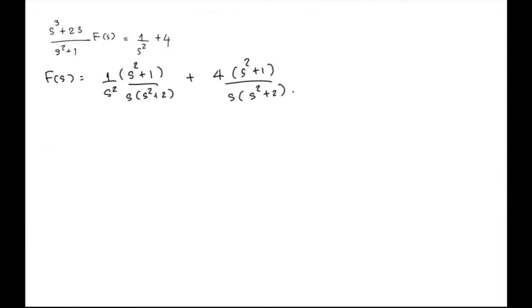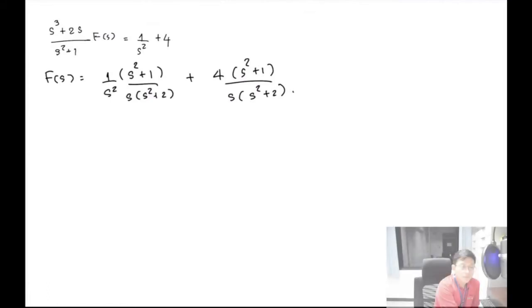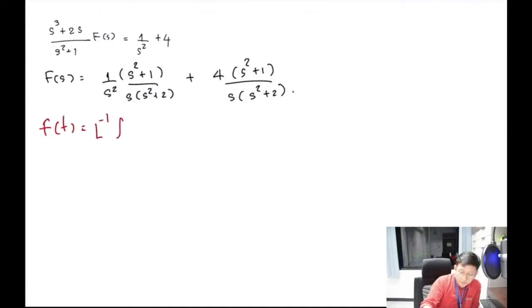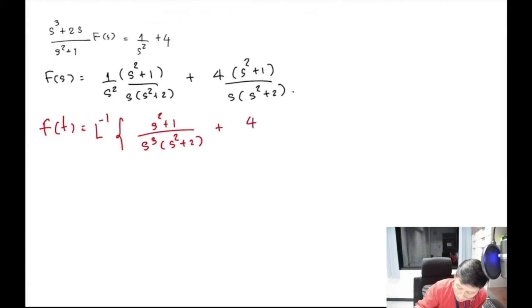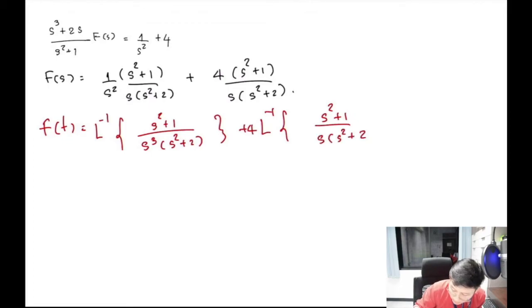And to do the inverse Laplace transform of this, because f(t), the little f(t), which is our solution, would be the inverse Laplace transform of s squared plus 1 divided by s cubed times s squared plus 2 plus 4, sorry, plus 4 times the inverse Laplace transform of s squared plus 1 divided by s times s squared plus 2.